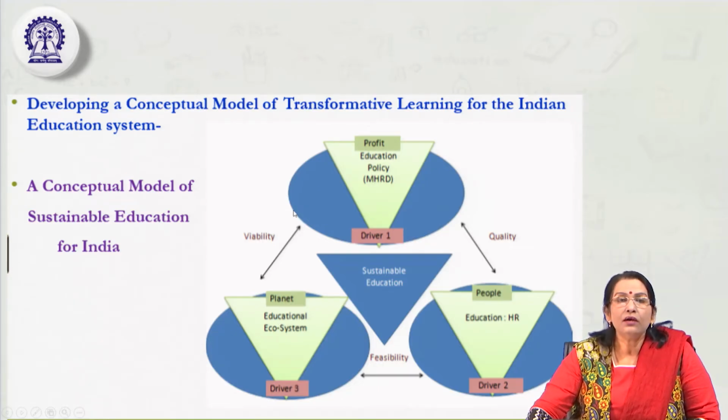We look at these interactions as the viability of the policies we implement and the budget allocation with those resources, so that we can develop a healthy educational ecosystem for our system. So the interaction of drivers 1 and 3 should be viable, and the interaction between drivers 1 and 2 should enhance the quality of our education.